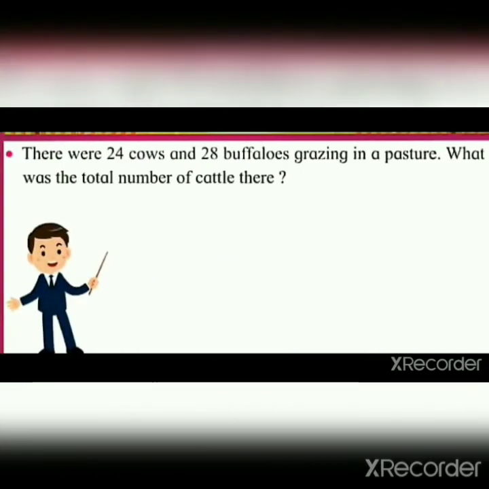Next example. There were 24 cows and 28 buffaloes grazing in a pasture. What was the total number of cattle there? You can see here the word total is given. It means we have to do addition. We have to add these numbers.